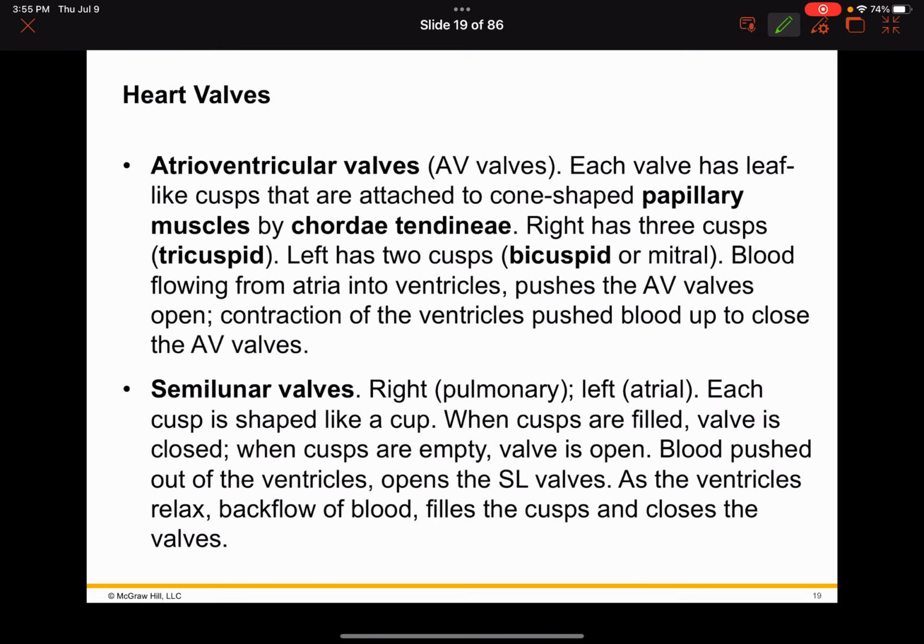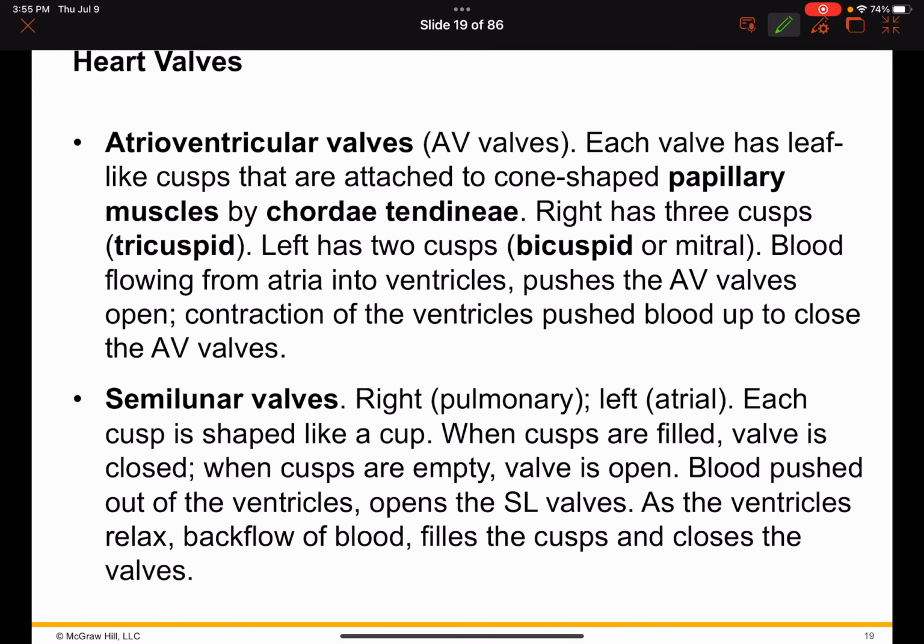So for valves, you can read all this information. Papillary muscles, what they do: in the ventricles, the muscles contain chordae tendineae.